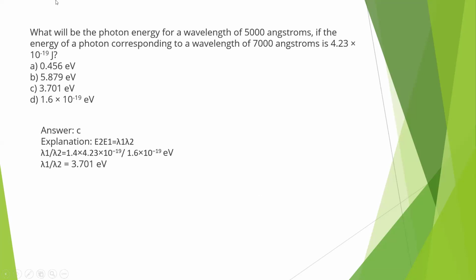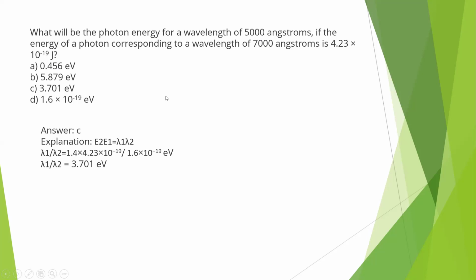Calculate the energy of a photon: what will be the photon energy of wavelength 5000 Angstrom if the energy of a photon corresponding to a wavelength of 7000 Angstrom is 4.23 into 10 to the power minus 19 joule? Your explanation is E2 by E1 is equal to lambda 1 by lambda 2.